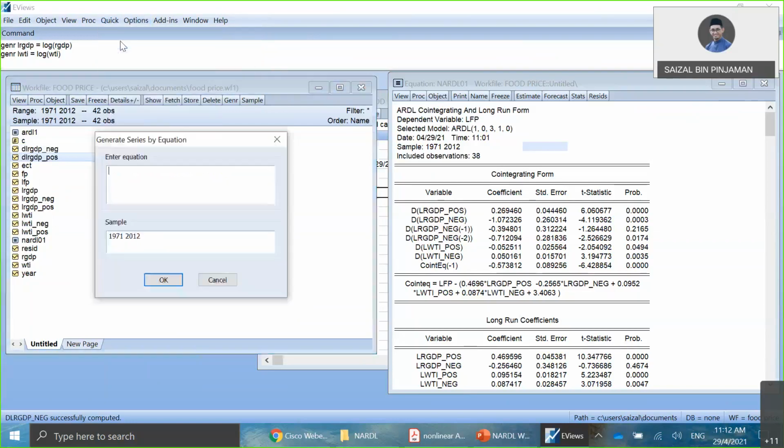Yeah. We repeat the same one. DLWTI positive is equal to LWTI positive minus LWTI positive in lag 1.